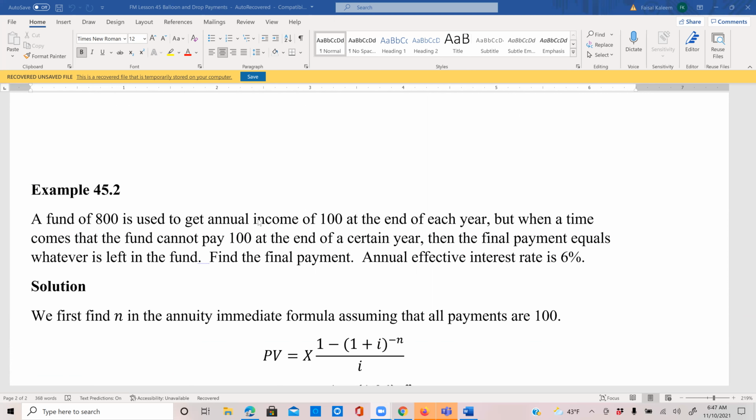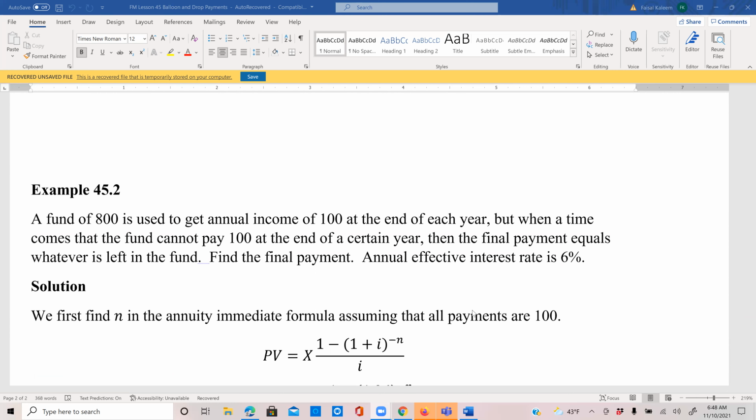And a time will come when the fund will not have 100 left at the end of a certain year, and then you just want to get whatever is left at that time. And that means in this case, the final payment will be a small payment. So they're saying when a time comes that the fund cannot pay 100 at the end of a certain year, then the final payment equals whatever is left in the fund. That will obviously be less than the 100.